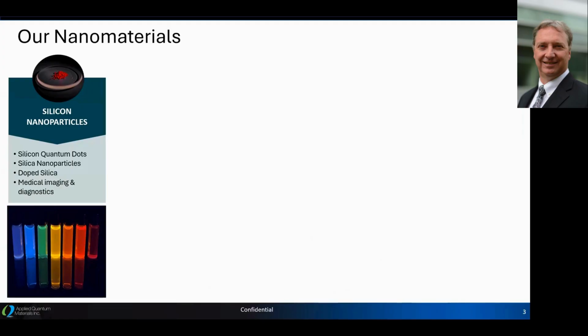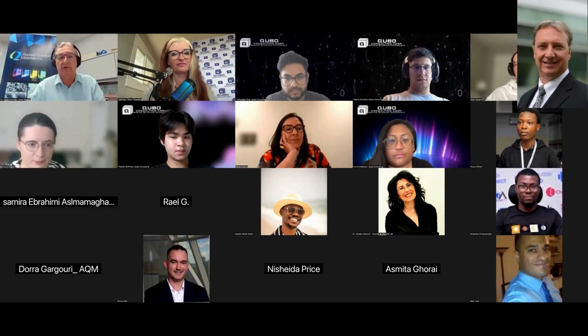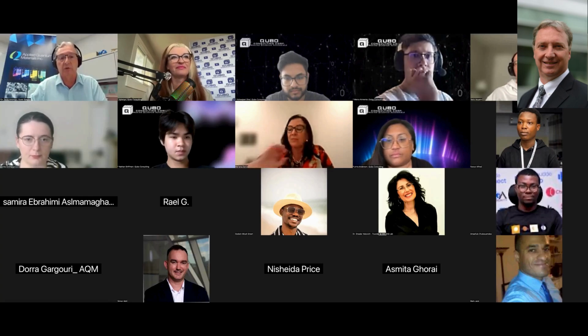What you're seeing there are different colors of the rainbow. Those are quantum dots, between 2 and about 7 or 8 nanometers in size. Each of those colors represents a particular size or a functional group attached to it.